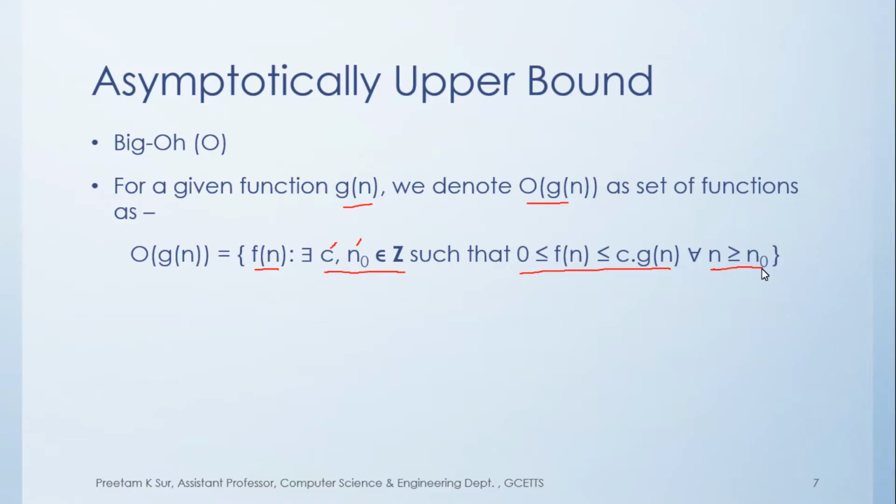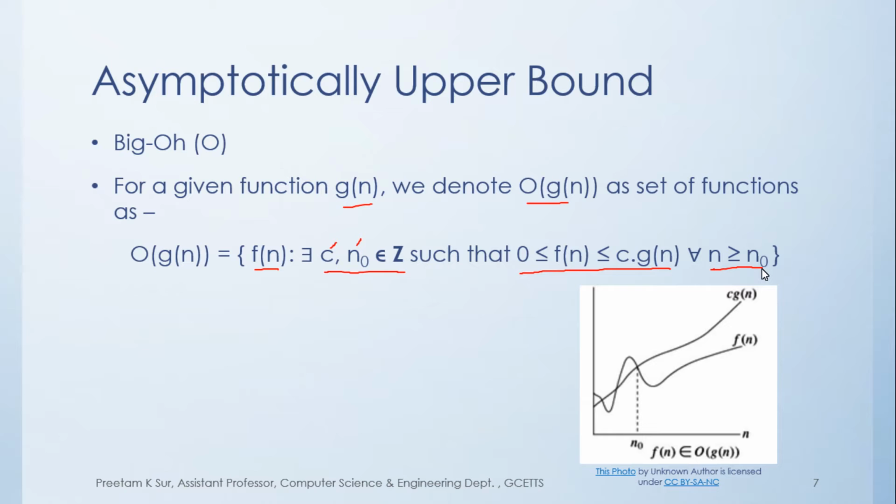If you try to realize it, a graph or pictorial representation will be better to understand. Suppose we have the function f(n) as this one, and we have the function g(n) multiplied with the constant, given by this curve, c into g(n).